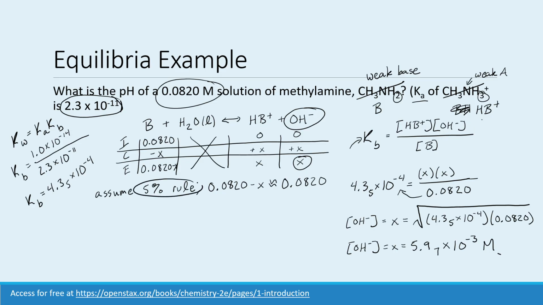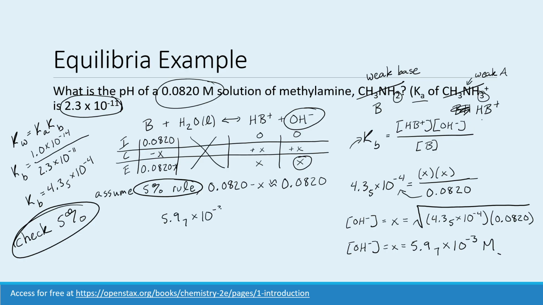So we have got to stop what we're doing. And remember, if you ever need to leave yourself a note, don't forget to check that 5% rule. Okay, so leave yourself a note if you need to, but we have got to take that hydroxide ion concentration and divide by the original concentration of the base and make sure that it is less than 5%.